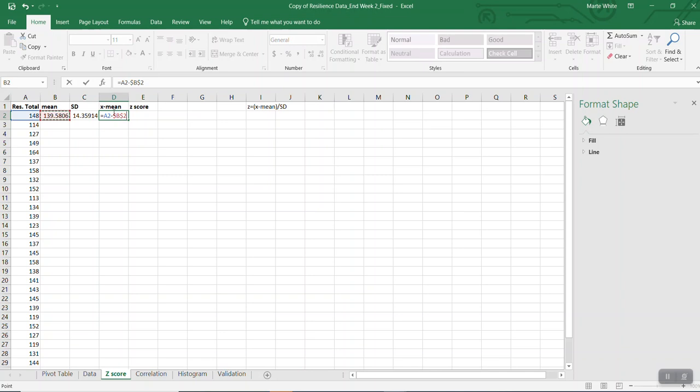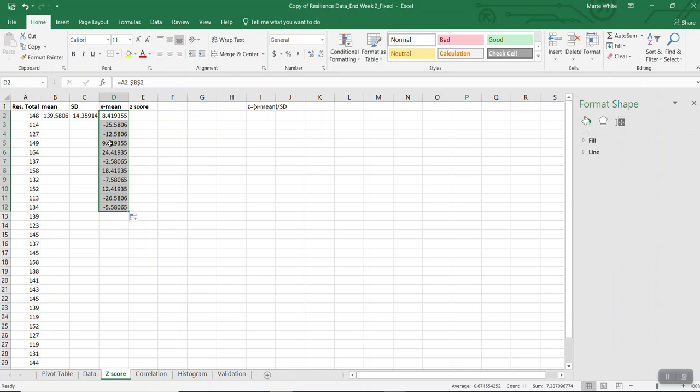What that does is lock in this mean, locks in this cell as I drag it down. So let me hit enter. I'll show you in a second what happens if I don't do that. So what I can now do is take this result, x minus mean, and drag this down.